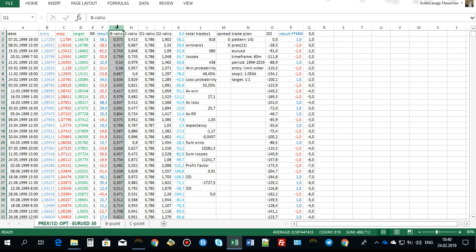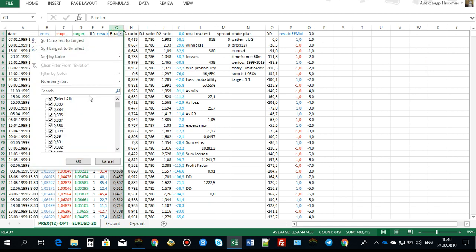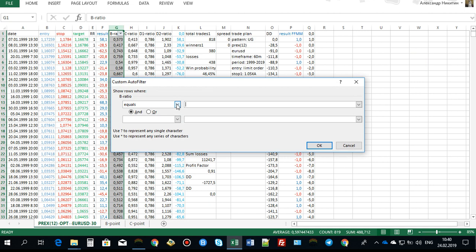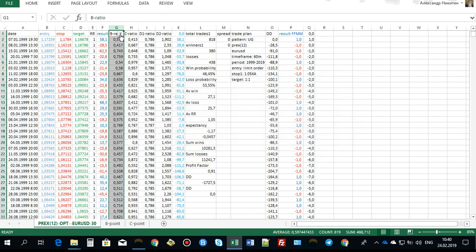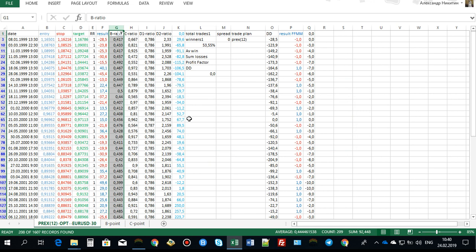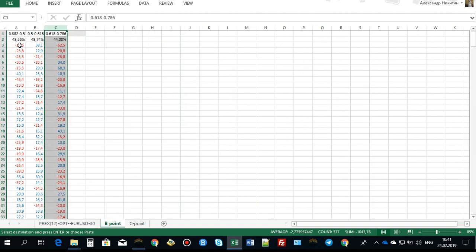I simply choose this B point ratio, go to home, go to filter, and the first thing I did, I found the probability if the B point range is from 0.32 to 0.5. I simply choose the results, copy these results, and paste them here.